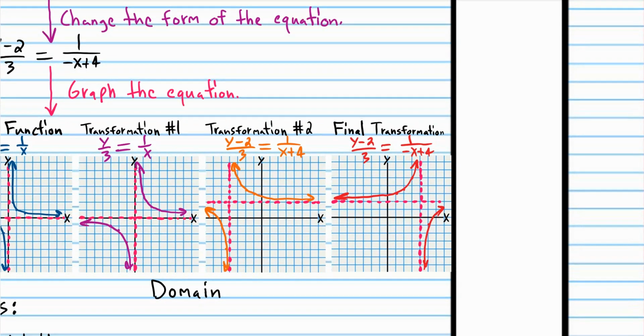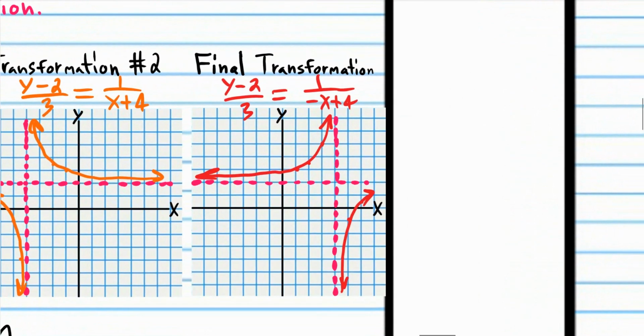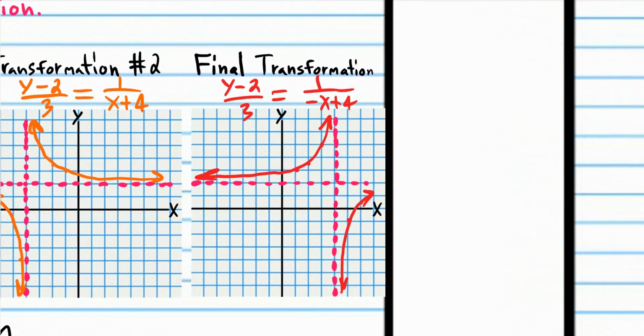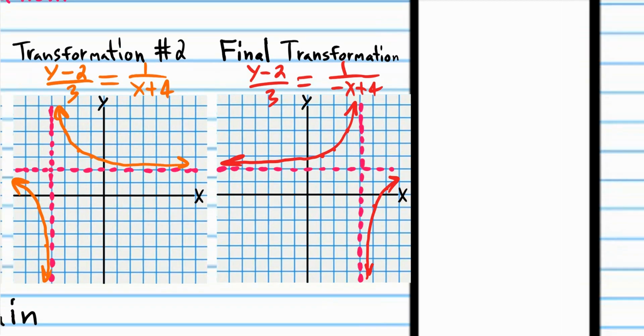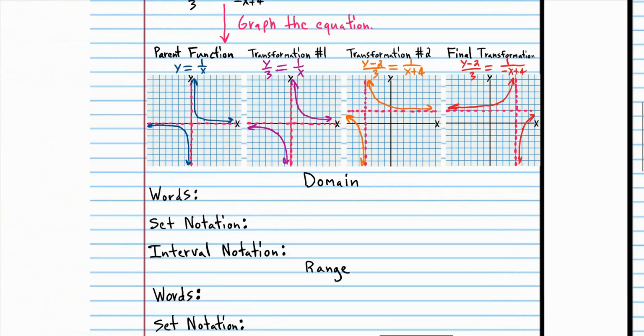Okay, so looking at this graph, we can see the domain and range. There's only one x value that's not going to be found on a point on the graph, and that is this x value 4. And we could tell that just by looking at this equation. You plug in 4, you get 0 in the denominator.